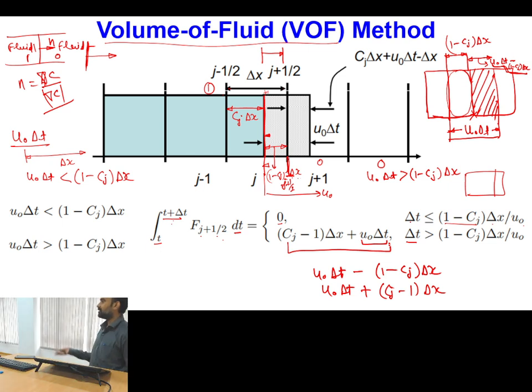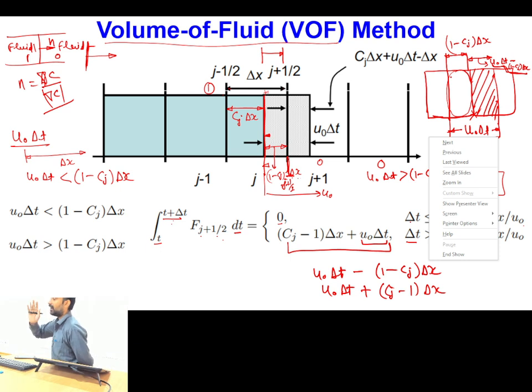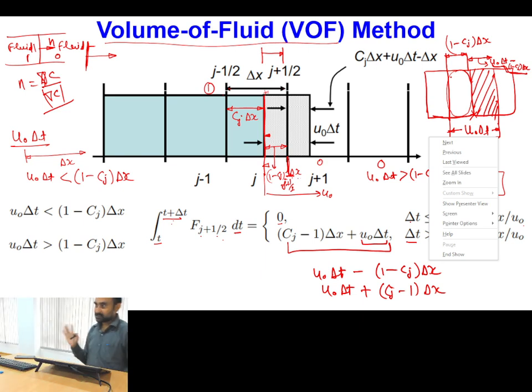So this is nothing but a simple geometry. First you estimate how much is the total volume entrapped, and then you identify how much volume was actually in only the previous cell, because whenever you are estimating the flux, you have to estimate only the portion which is traversing into the next cell. Are all clear with this point?